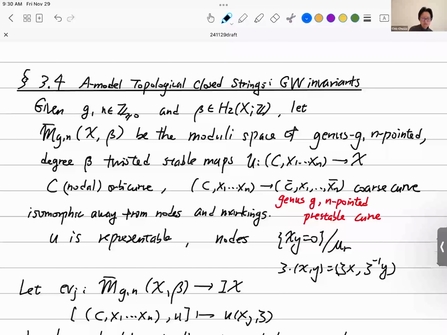We require this map is representable. That means if you have an orbifold point and you map to another point in the target, then it induces a map between automorphism groups, and we require that this map is an injective group homomorphism.